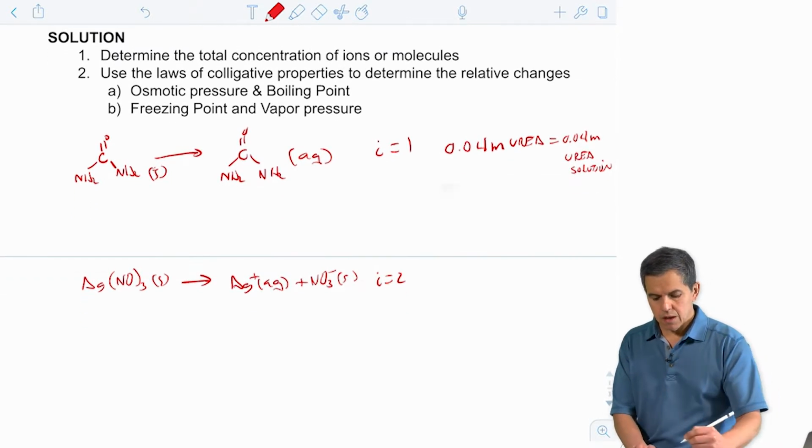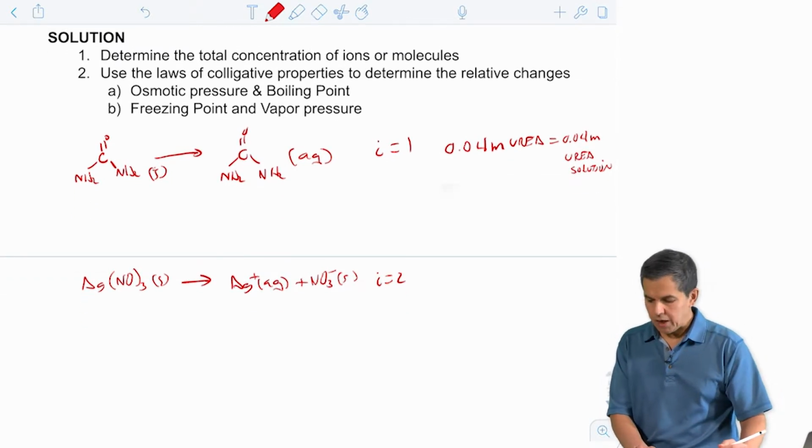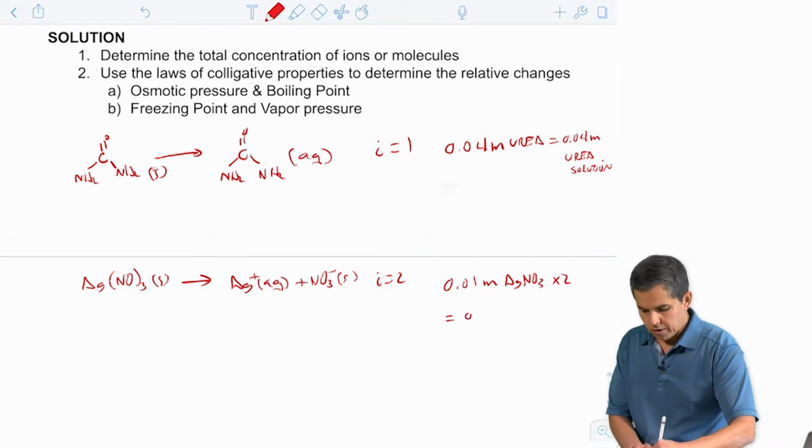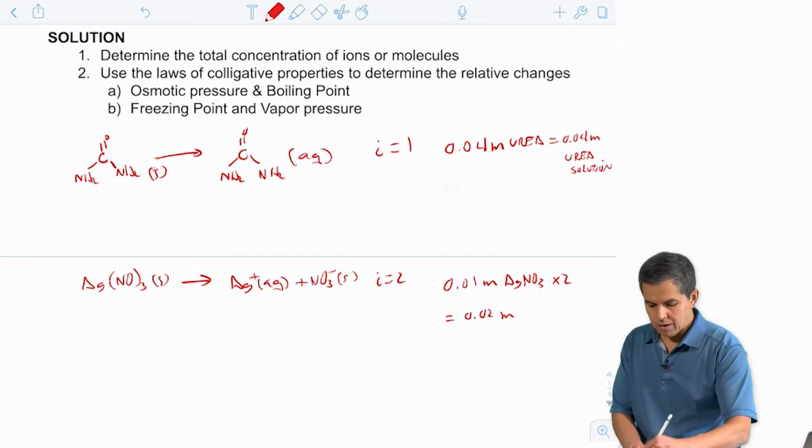That means that the concentration that we had before is going to be multiplied by 2 to give a total concentration of ions of 0.02 molar silver nitrate solution.